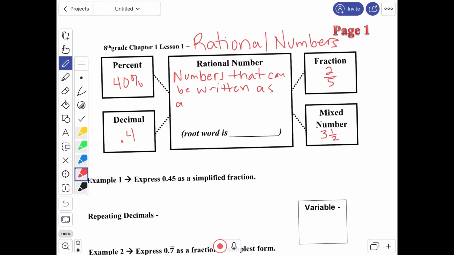Or sometimes we say fraction, but it is a comparison, because the root word is ratio, and ratio is also a comparison. Usually it is expressed as a fraction, though.